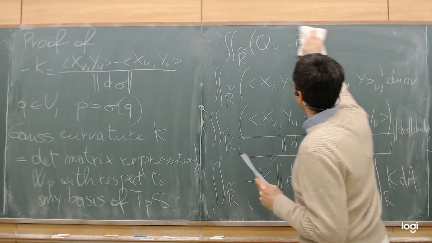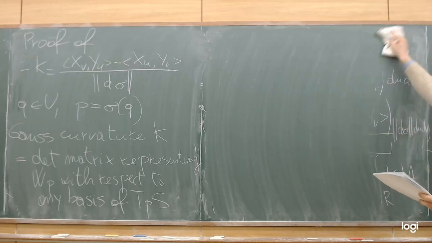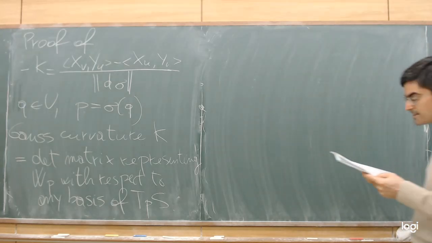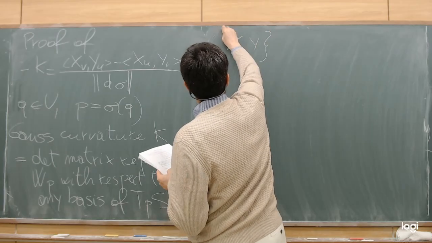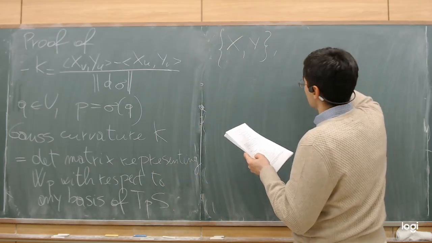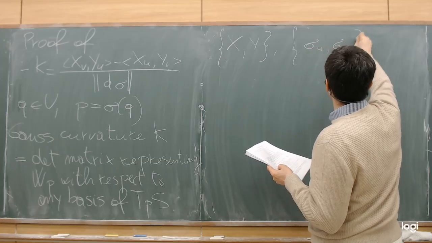So here we have two bases. The first basis is x, y. The second basis is sigma u, sigma v.